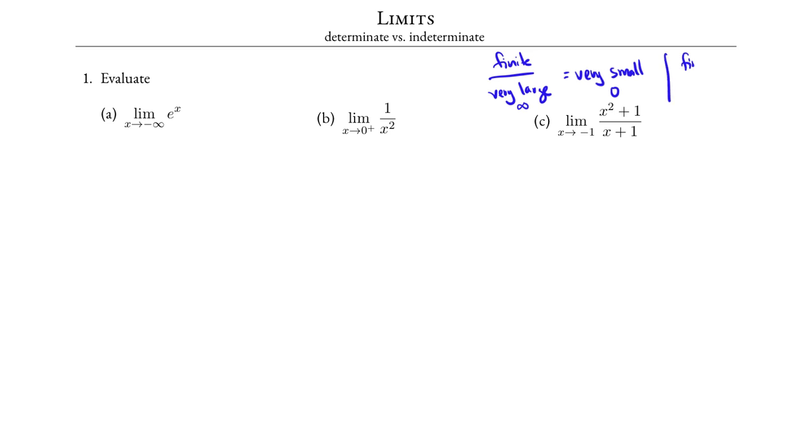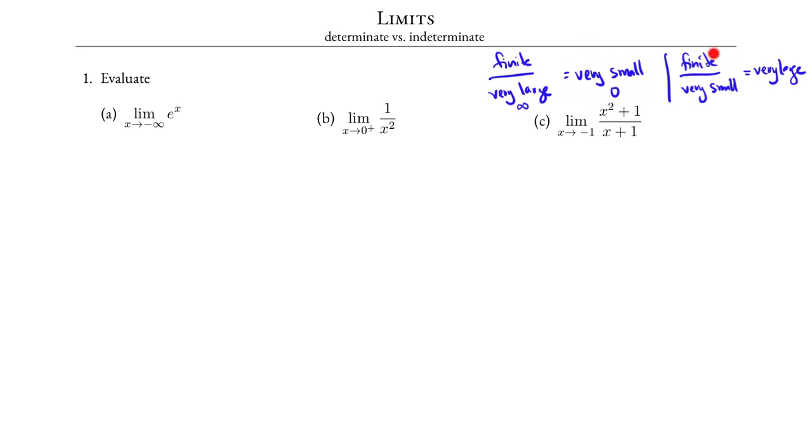Similarly, if we take a finite number divided by a very small number, then we would end up with a very large number. The way that we look at this is that if we have a finite number such as 1 million and we divide it by a very large number such as 1 trillion trillion, then the ratio is very small.